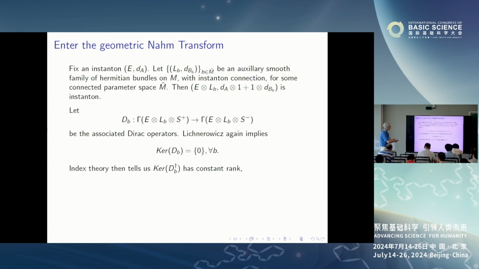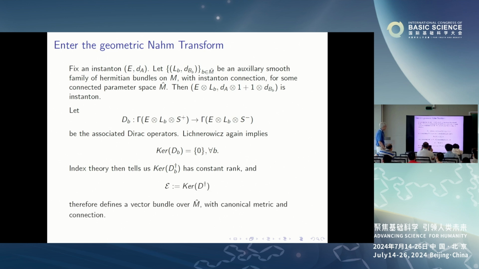So I have a smoothly varying family of operators, so index theory tells you the index is constant, which then implies that the kernel of the adjoint of the Dirac operator has constant rank, and therefore you can use it to define a kernel bundle, which I call calligraphic E, on M hat, or a bundle on each component of M hat. And that bundle has a canonical metric and a canonical connection.